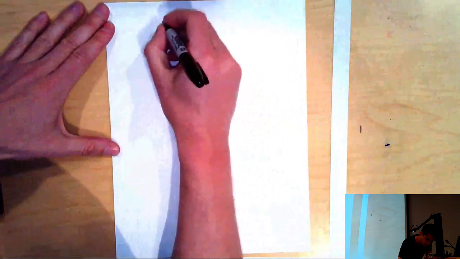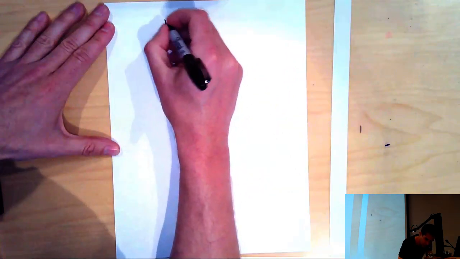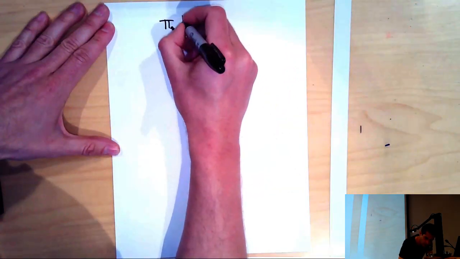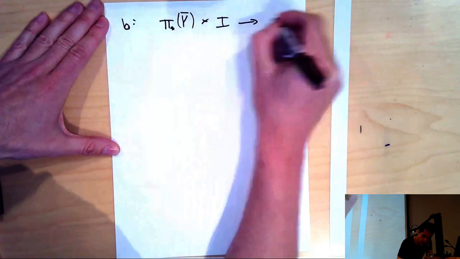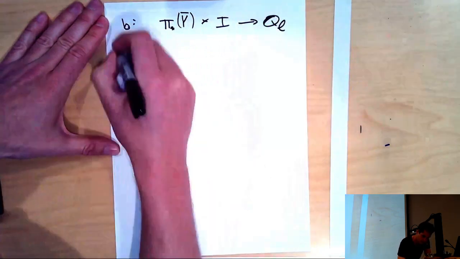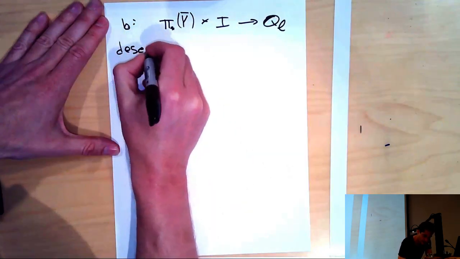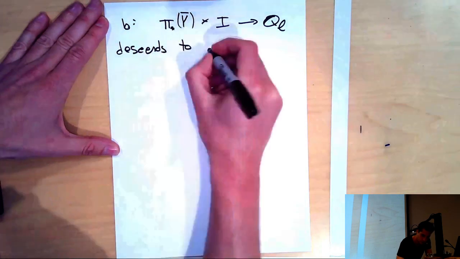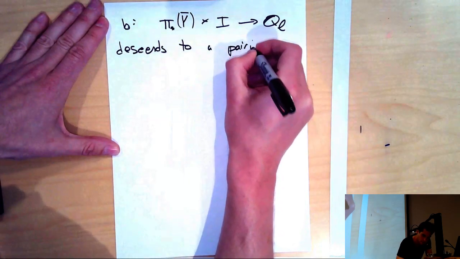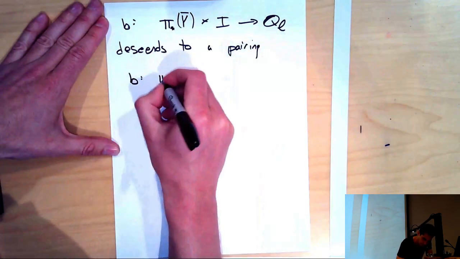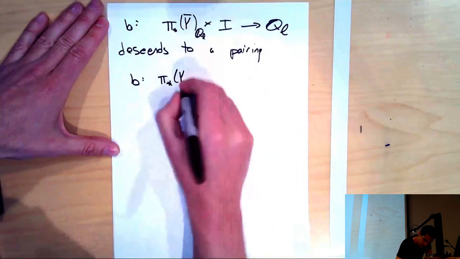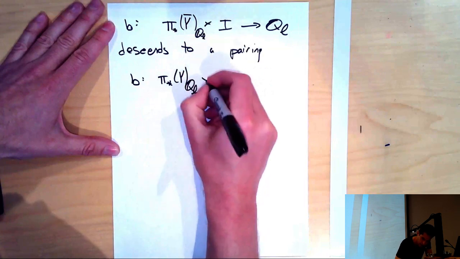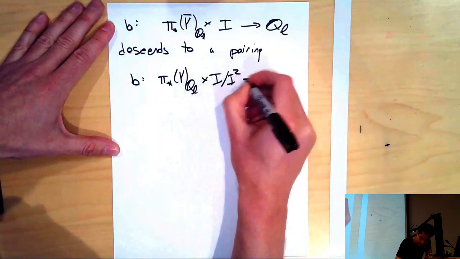So let me think of this pairing then as a pairing between pi star of y bar cross I into Q_L. And the claim is that this descends to a pairing, which I'm also going to denote by B, from pi star of y bar with Q_L cross I mod I squared into Q_L.